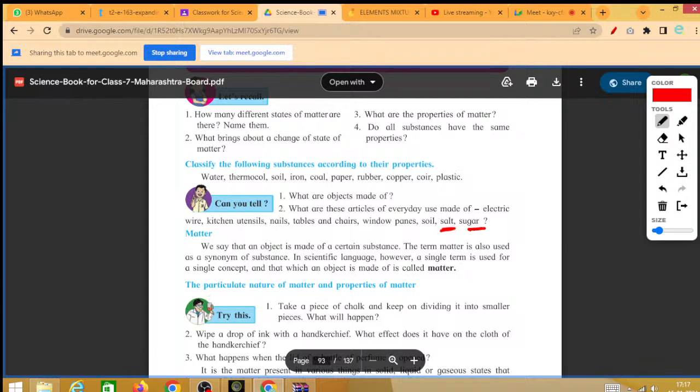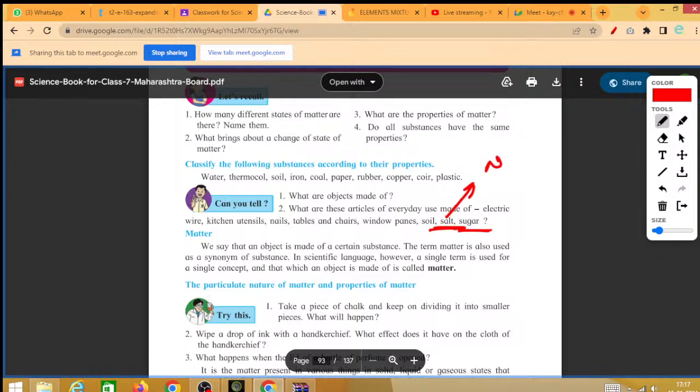And what is sugar made up of? Ma'am, sugar cane. What is it made up of? Glucose. Carbon, C6H12O6. So carbon, hydrogen and oxygen. You can say sugar is made from sugar cane, which is fine. But what we have learned already is what I'm asking.